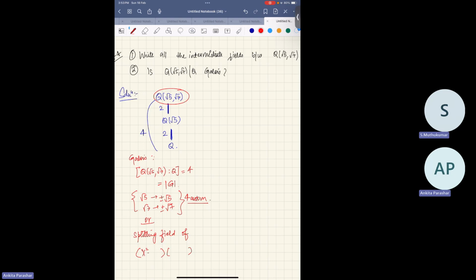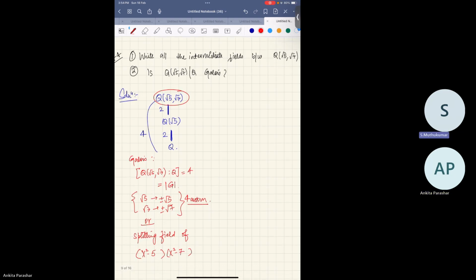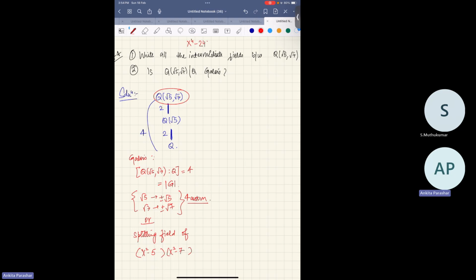Yeah, so it's x square minus 5, x square minus 10, the product of these two. So x power 4 minus 24x squared plus 4.